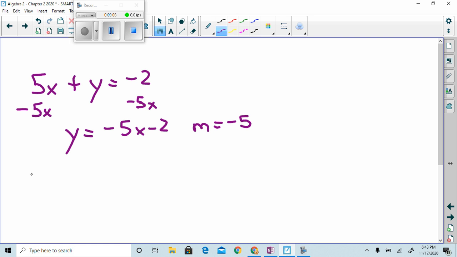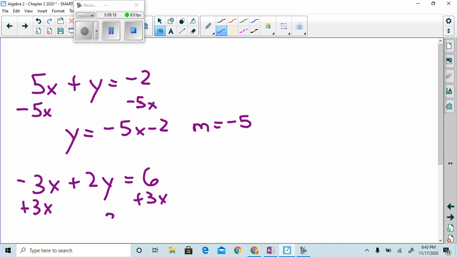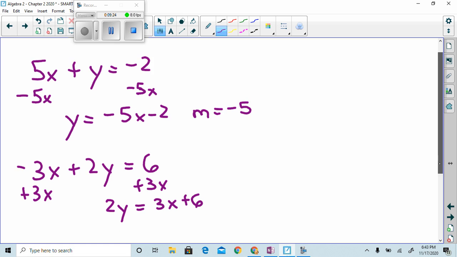If you were to have -3x plus 2y equals 6, you would first add 3x to both sides. That leaves you with 2y is equal to 3x plus 6. Still haven't isolated y.